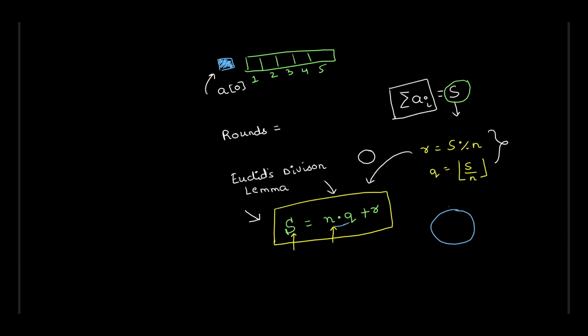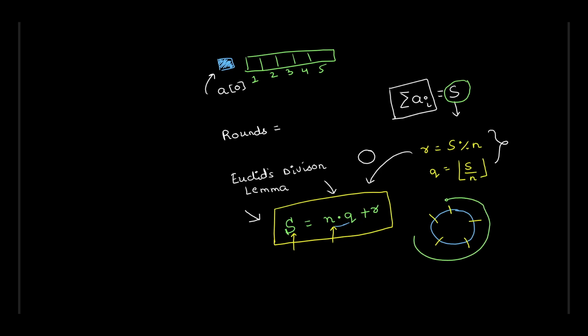What does n represent? It means that there are n people on this circle. So this is the first person, second person, third person, fourth person, fifth person, and let's say n is equal to 5. So n into q means walking q times around this circle.